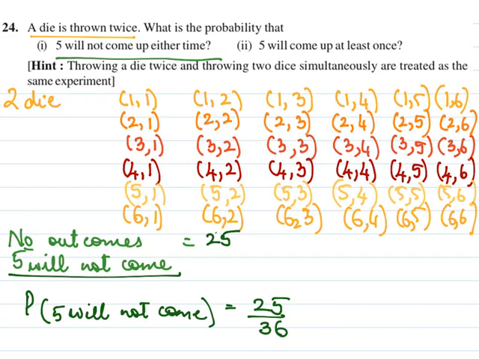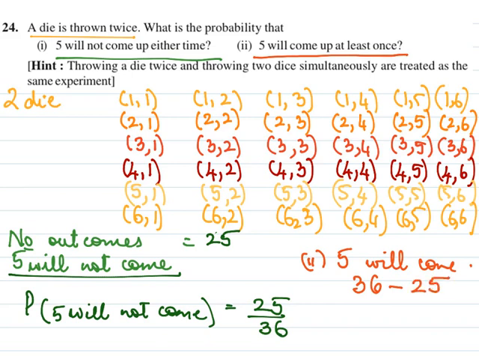So if we were to ask you, what is the probability that the 5 will come? 5 will come will be the rest of them. So 36 are the total. 5 will not come is 25. Therefore the 5 will come will be 11. So probability that 5 will come equal to 11 out of 36. Remember, this 25 is where 5 will not come.